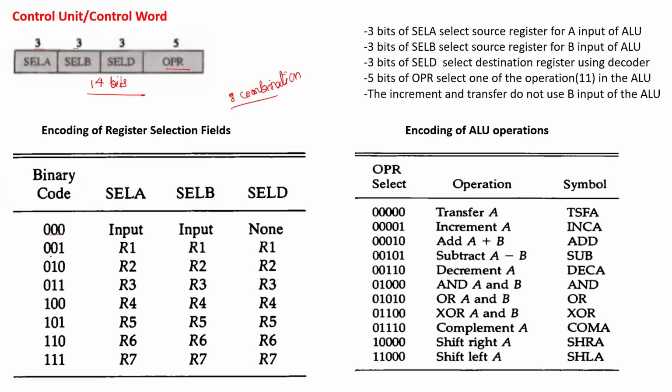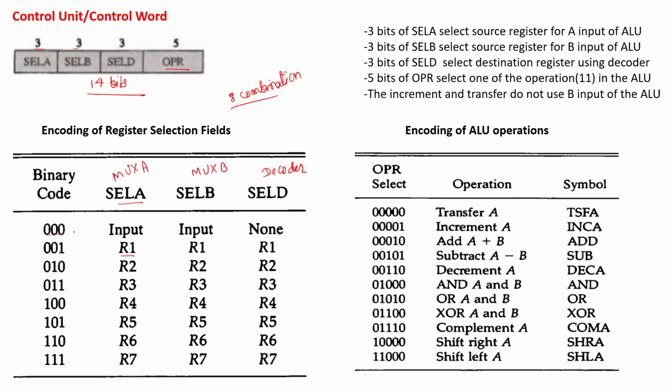So when it is 001, what is selected by this SEL A will give R1. So SEL A is connected to mux 1, or we can say mux A. SEL B is responsible for mux B, and SEL D is responsible for the decoder.